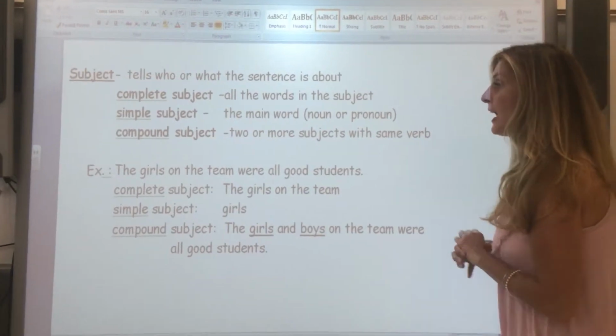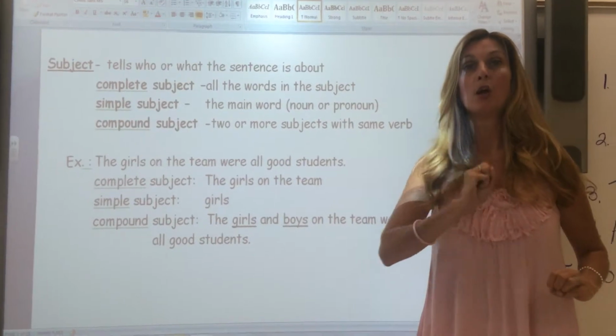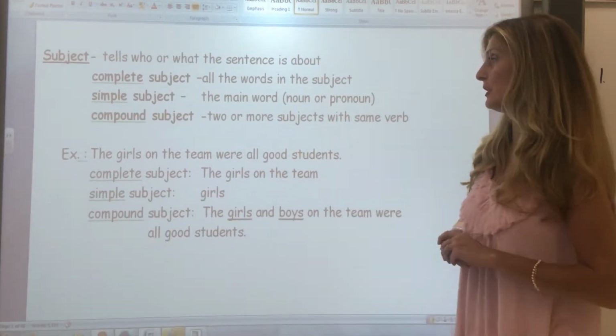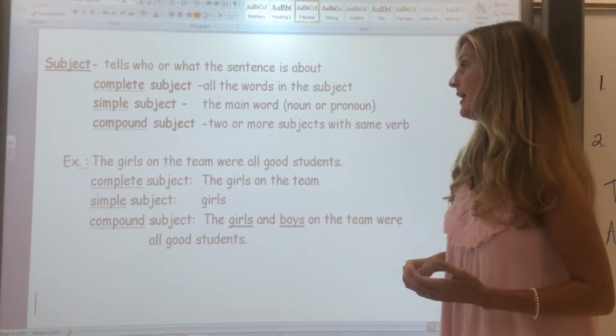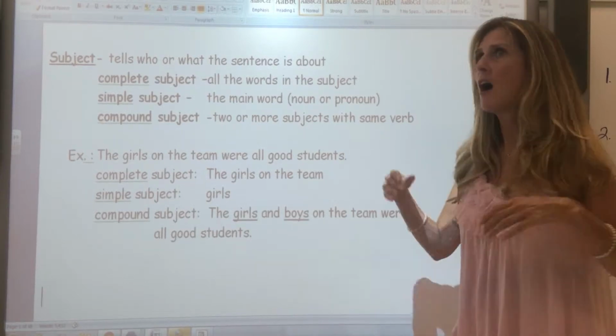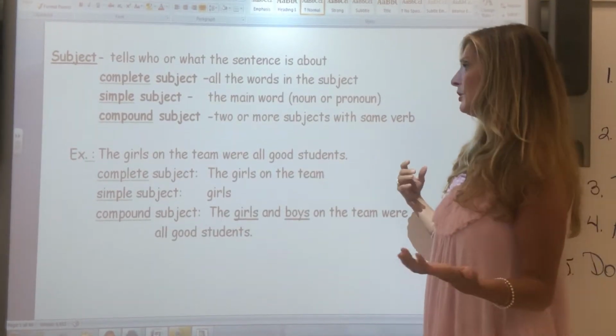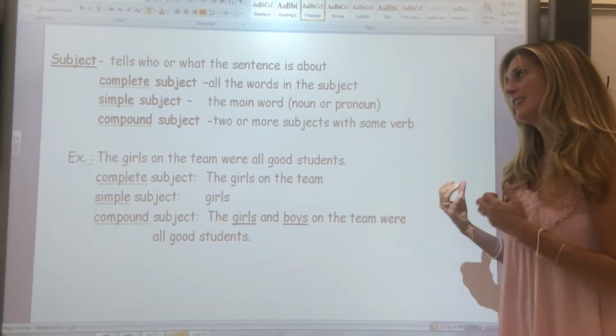But if I have to ask you, give me one word that's going to sum up who are good students, you have to give me only one word. Well, I can't say we're all good students. I can't say we're good students. So now I'm down to two possibilities, the girls and team.